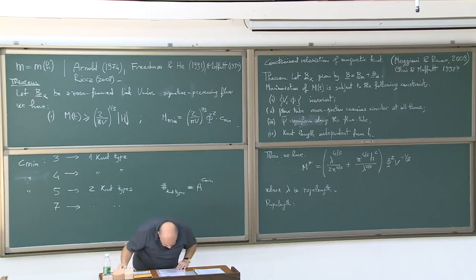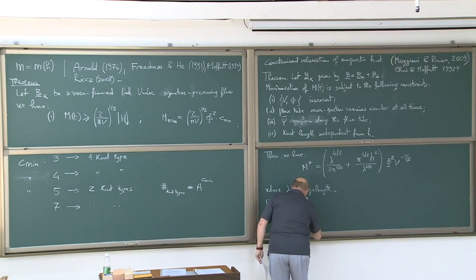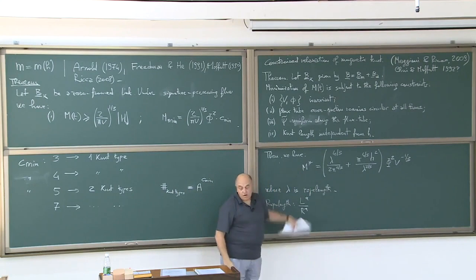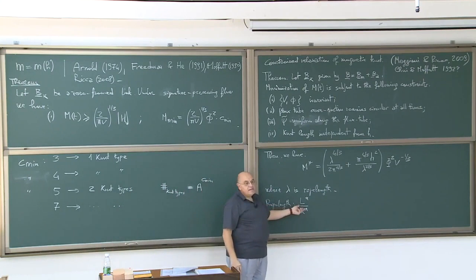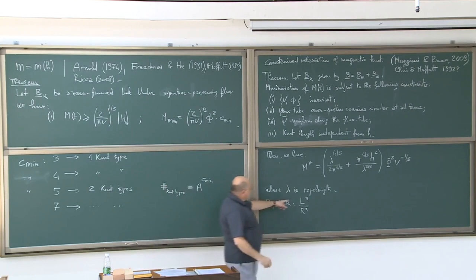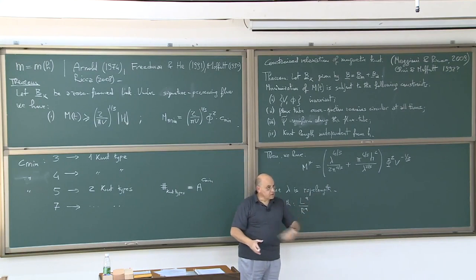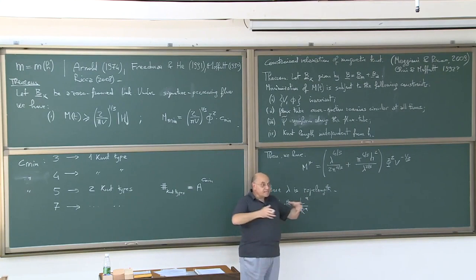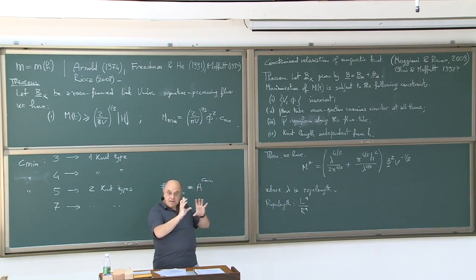Don't tell me that I missed it. Maybe I did. No, I didn't. L over R, because sometimes I think of R over L in many contexts. R over L is the aspect ratio, so that's why I get confused sometimes. L star is the minimum length under relaxation of the knot, and R is the maximum, remember, the flux is conserved, is the maximum radial dimension of the tube.